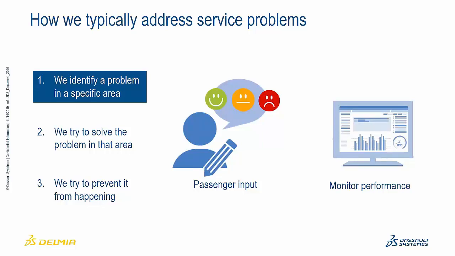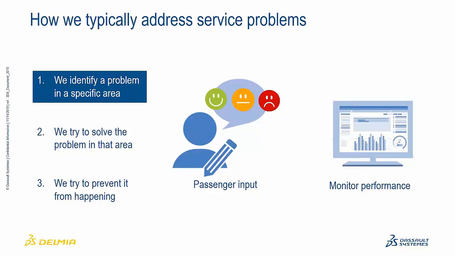That could be by passenger input, where we can see that every Monday morning people are unhappy at a certain security area. More likely you have monitoring software and sensors in place that can measure the current queue lengths and can also identify patterns and when these problems will arise.